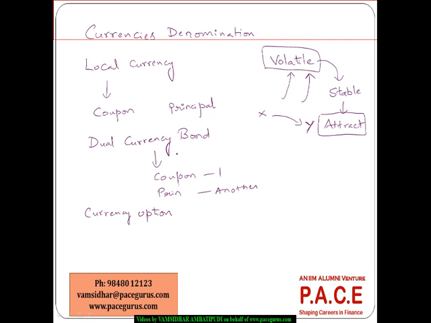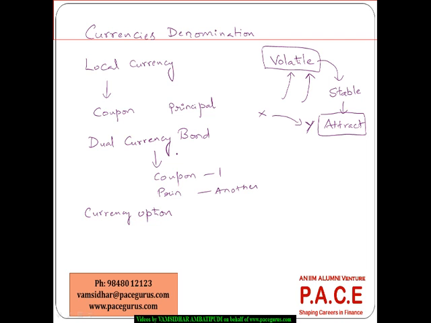So in a simple way, what we really need to understand is that the currency in which the bond is issued also plays an important role in terms of the pricing, the valuation, and the risk that is associated with the bond. So all these important features differentiate one bond from the other which are issued in the market.